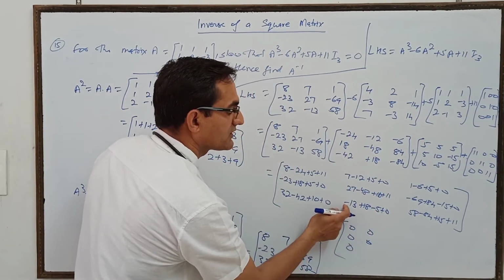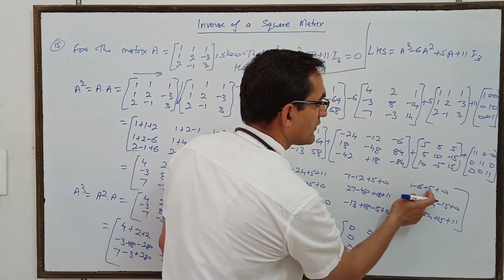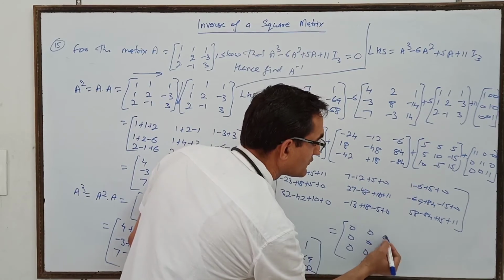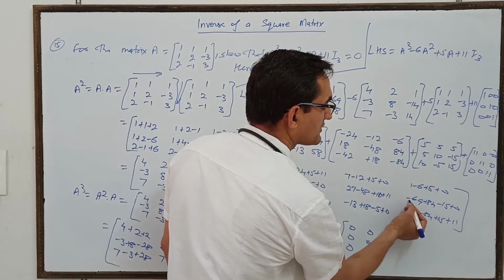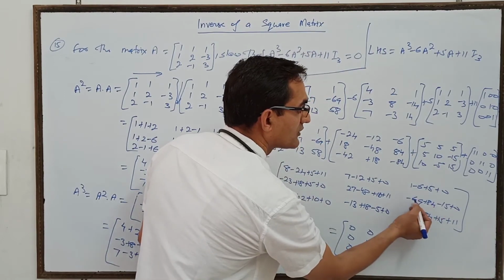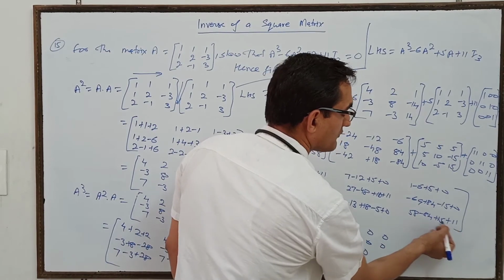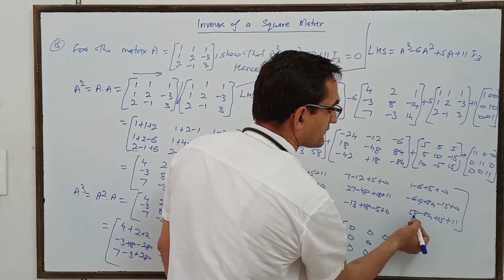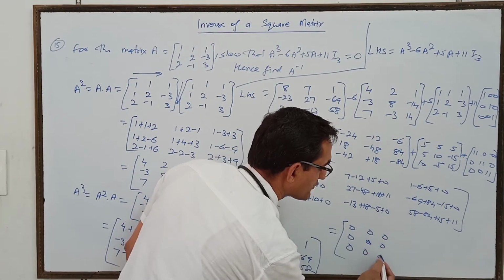Minus 5 or minus 13, minus 18 plus 18, 0. And this is 5 plus 1, 6, minus 6, 0. Or minus 15, minus 69 plus 84, minus 84 and plus 85, 0. And this 11, 26 plus 58, this is minus 84, 0.